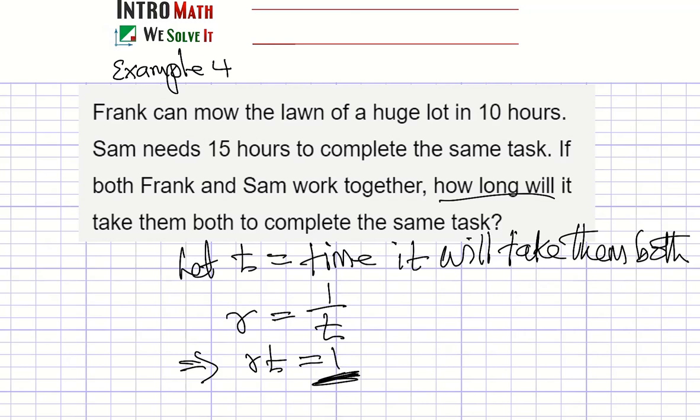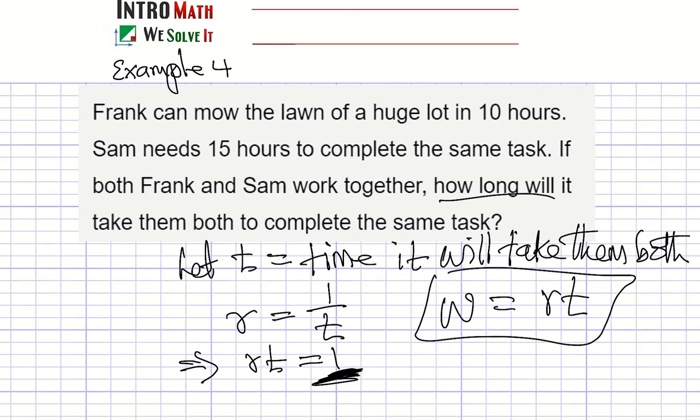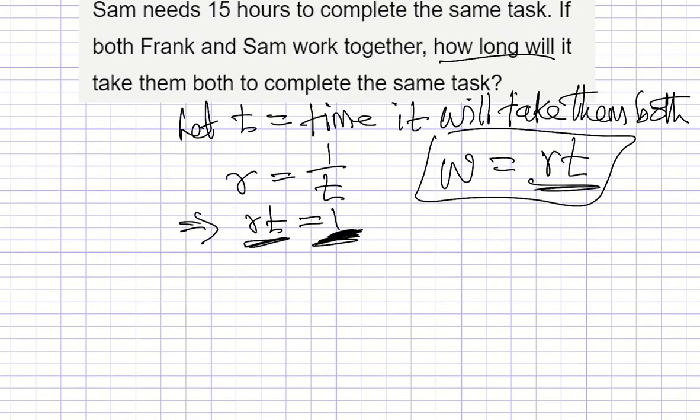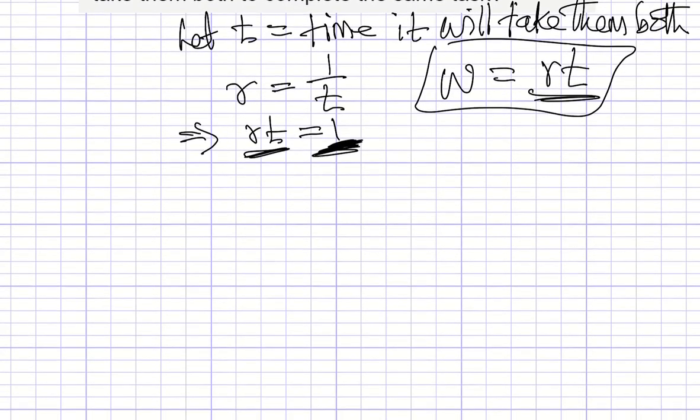That's the time it takes to complete one job, okay? And remember that we also said that the work done, W, is equal to rate times time. So this is one job they did, okay?